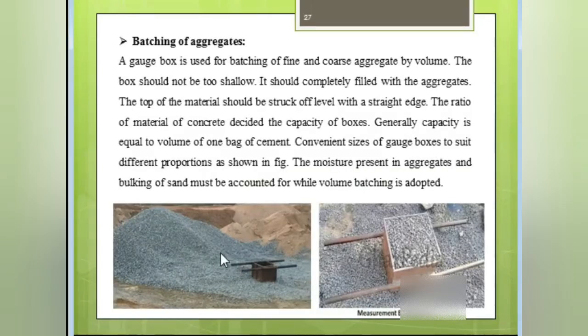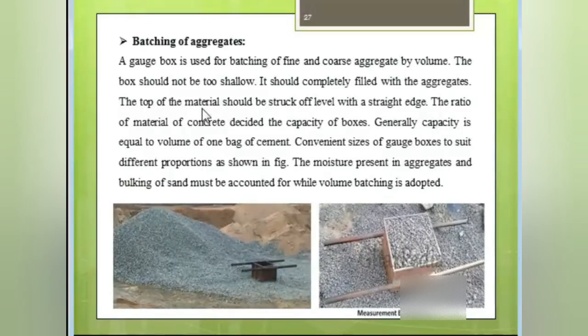One standard gauge box is also there. You can see in this figure. Is that image visible, students? Yes, sir. So this is the gauge box having particular dimensions which can be used for volume batching. On mass concreting structures, volume batching is preferred so that there is no need for continuous measurement of the ingredients.